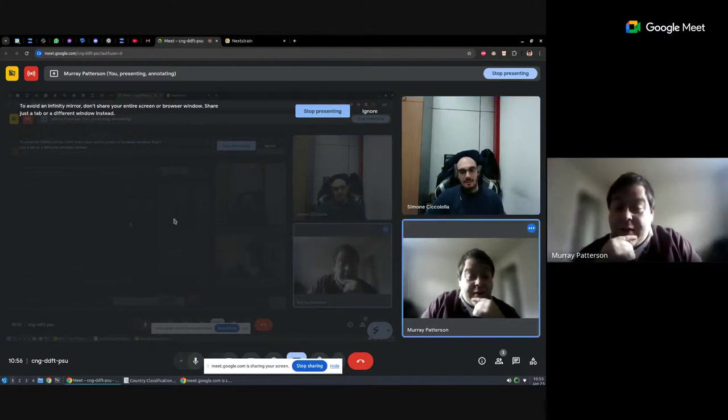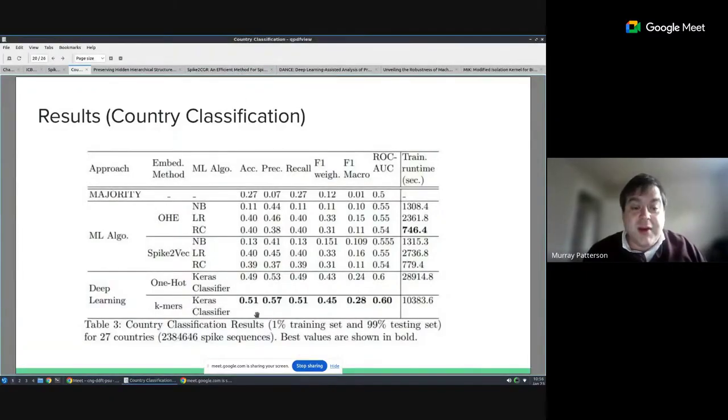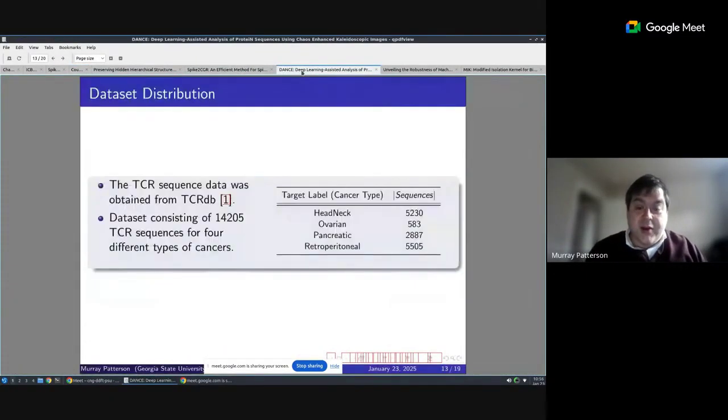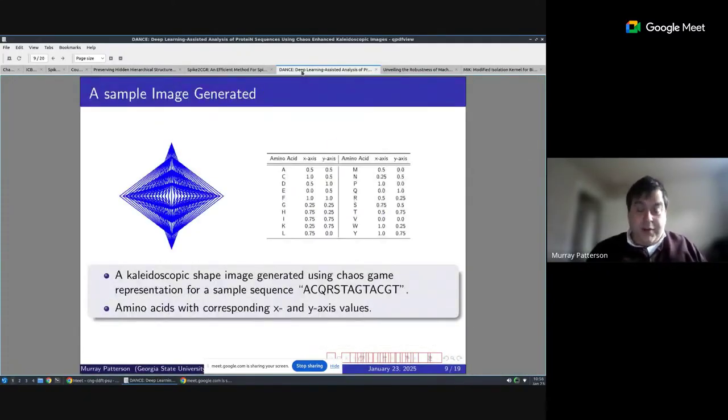I guess it's a way to convert sequences into an image, right? But it really could be any sequence. It's really just converting a sequence into an image. So you could possibly apply it to paragraphs of written text and do sentiment analysis on it.